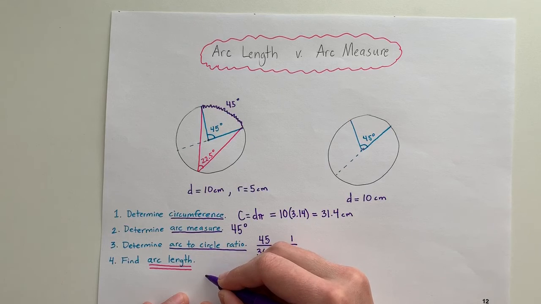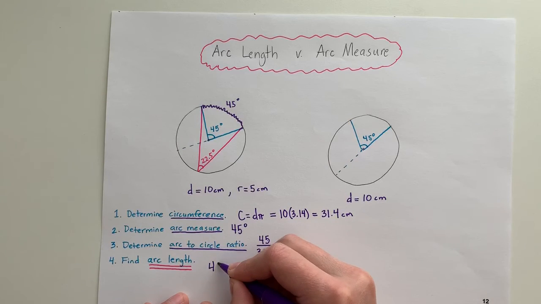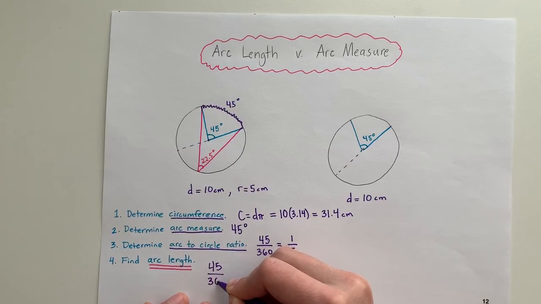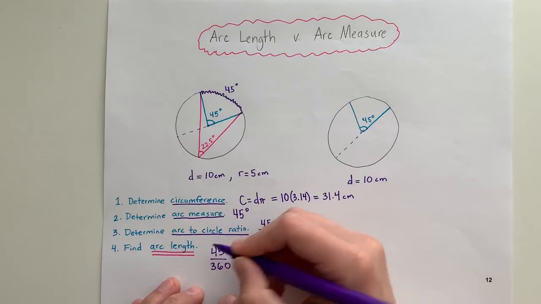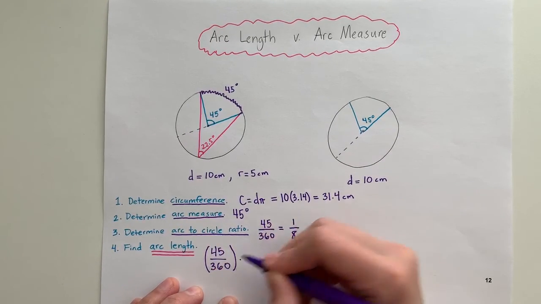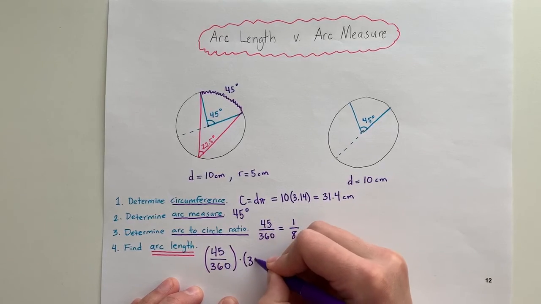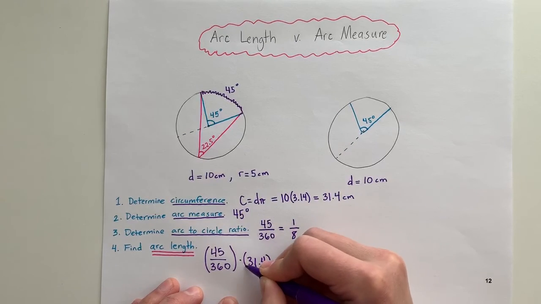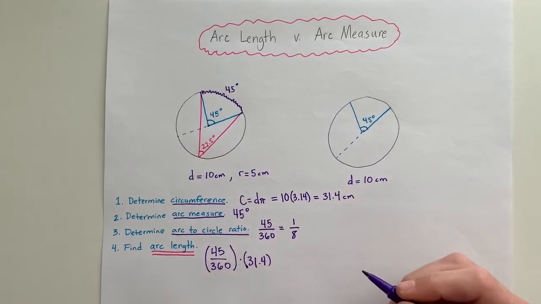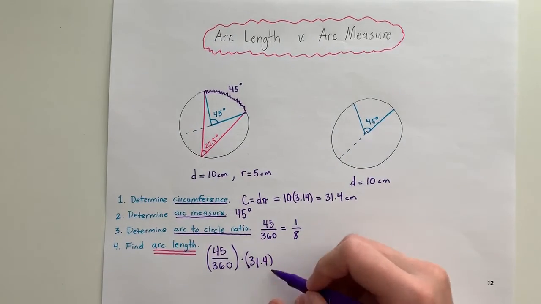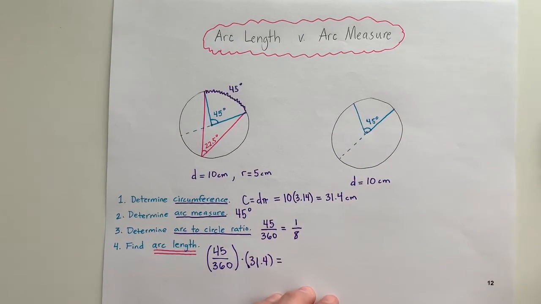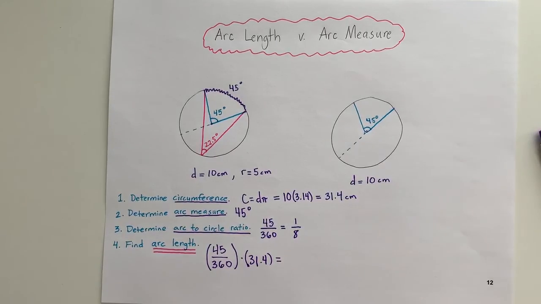So our arc length now is going to be 45 divided by 360 times 31.4. Okay, and that's the same thing, I'm just taking that 1/8 times 31.4. Get my calculator here.